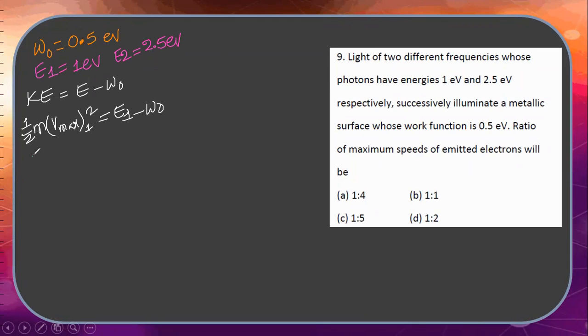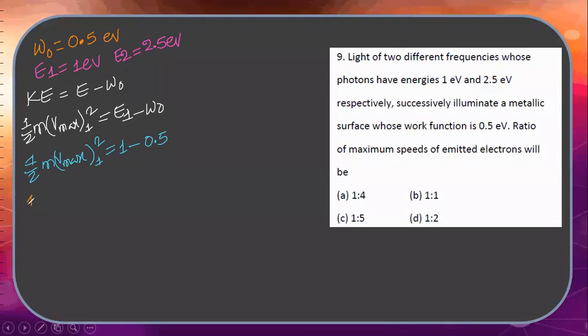We substitute: 1 electron volt minus work function 0.5. So, let us suppose this is equation number 1.